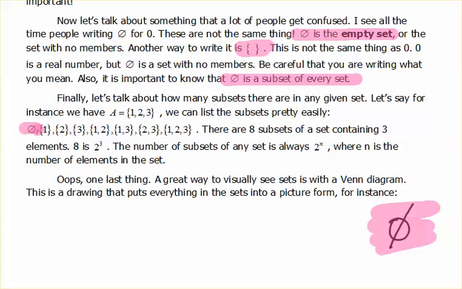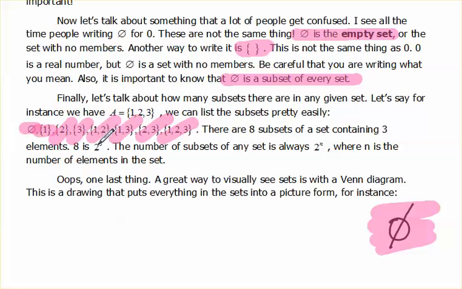And then I could have a set that just has 1, a set that just has the number 2, a set that just has the number 3. I could have a set that has 1 and 2, or 1 and 3, or 2 and 3, or I could have the actual original set, 1, 2, and 3. So there are 8 subsets of a set containing 3 elements.